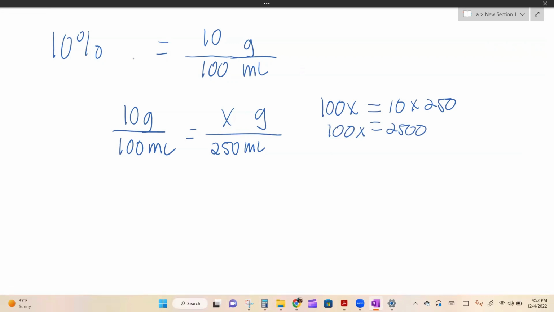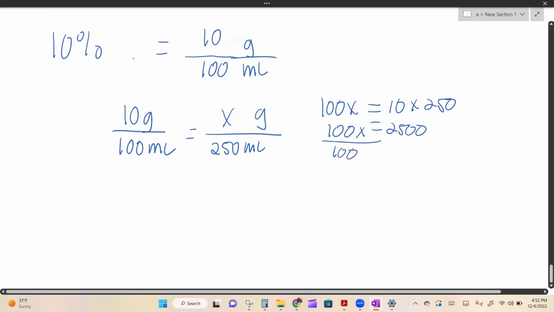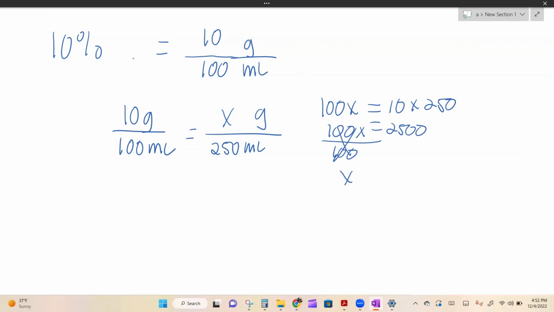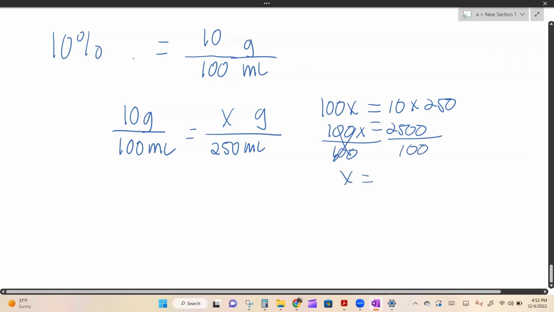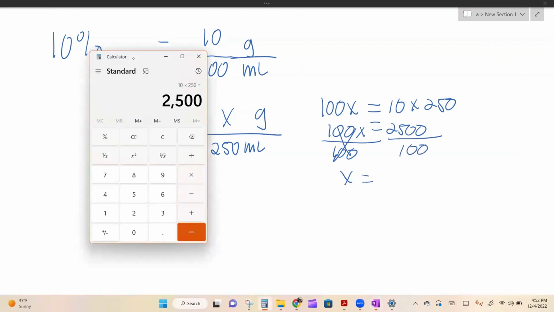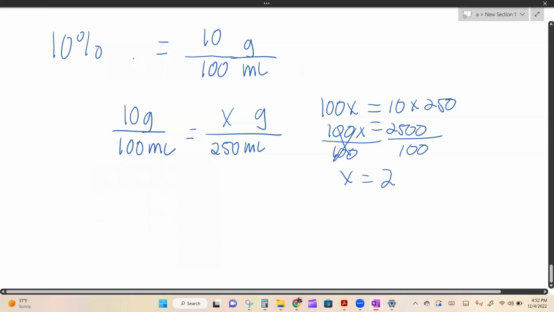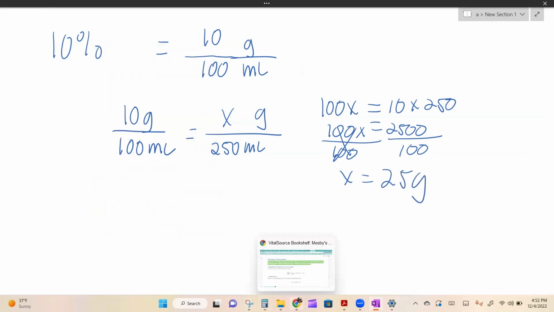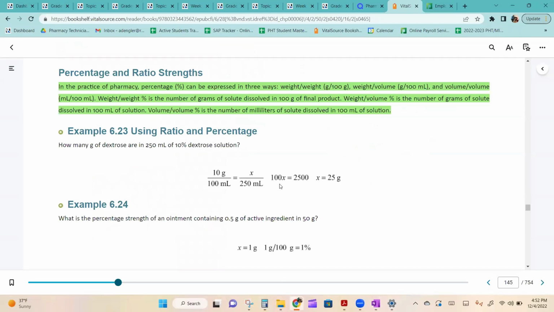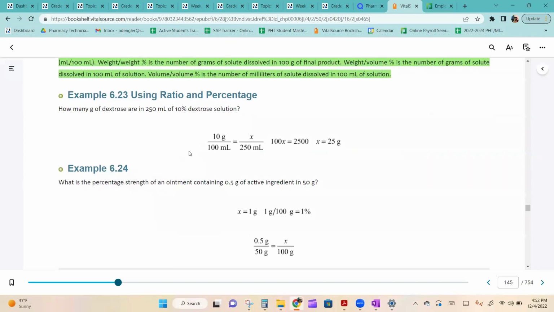We want to get X alone, so we need to divide this side by 100, and then we also need to divide the other side by 100. This gives us the answer of 25 grams. So there are 25 grams in 250 ml of 10% dextrose.